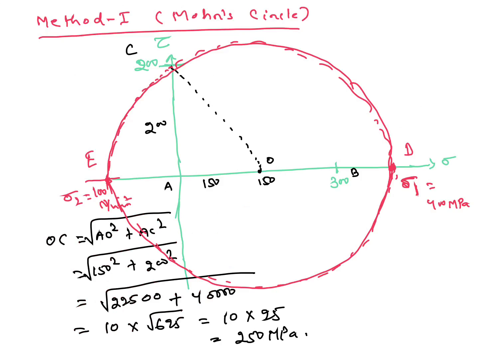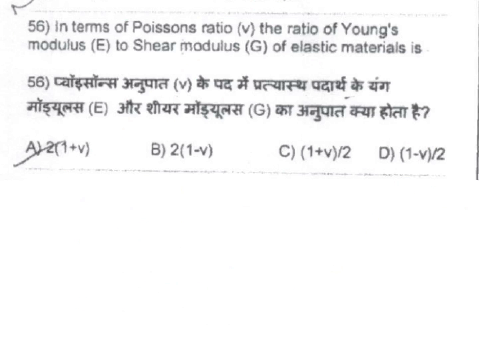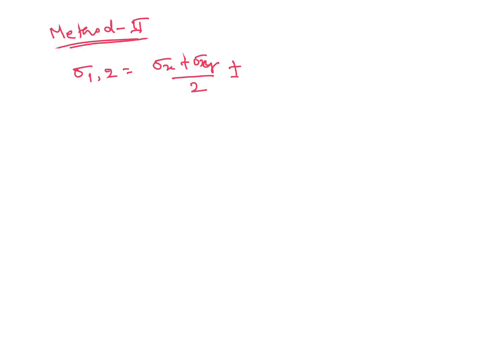Second method I will use. Direct formula. Sigma 1,2 is sigma x plus sigma y by 2 plus or minus square root of sigma x minus sigma y by 2 whole square plus tau xy whole square.